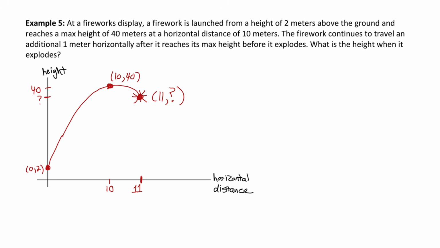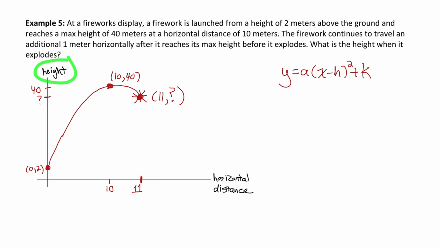Well, to do that, we need to generate an equation that tells us the height based on any horizontal distance that firework has traveled. Since I know the vertex and one other point on the graph of this parabola, I could write the vertex form equation. Vertex form equation usually looks like this: y equals a times x minus h squared plus k.